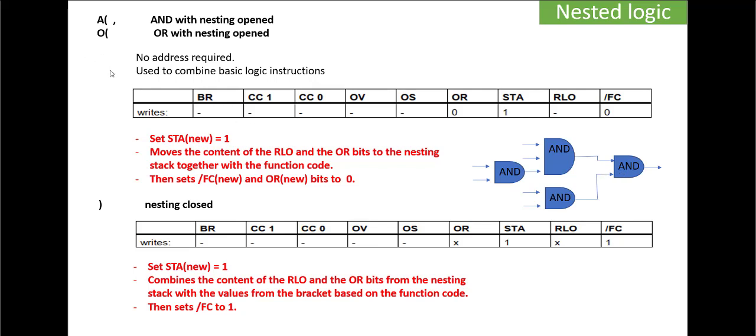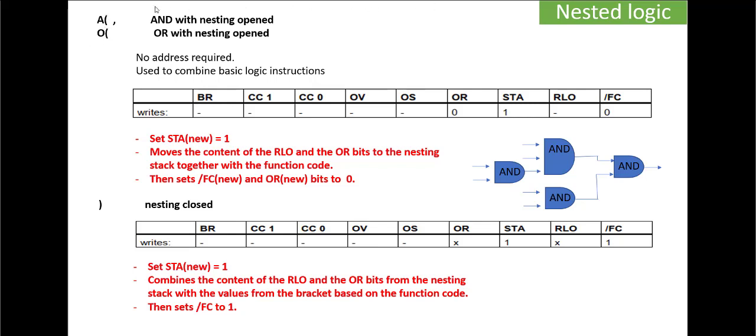And for that, we have our nesting logical instructions, like the AND with nesting opened and the OR with nesting opened. Each of them has the first symbol used for previous basic logic instructions, but with an open bracket after it.